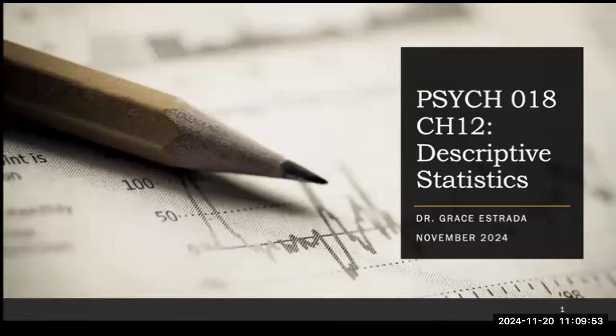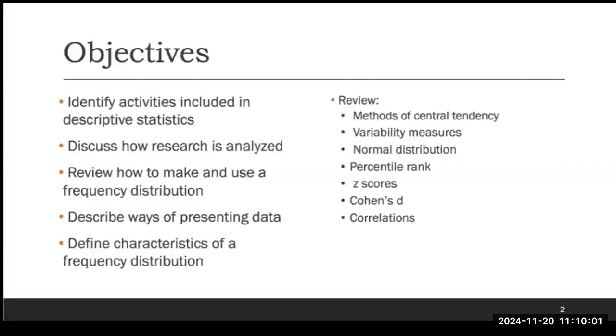Today we are in research methods and we're starting our second last chapter on descriptive statistics. So we will go over some of the different activities involved with descriptive statistics, how it's analyzed, talk about the frequency distribution, ways that we present data, what is it?